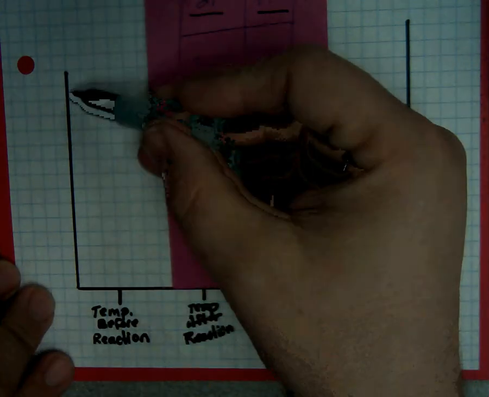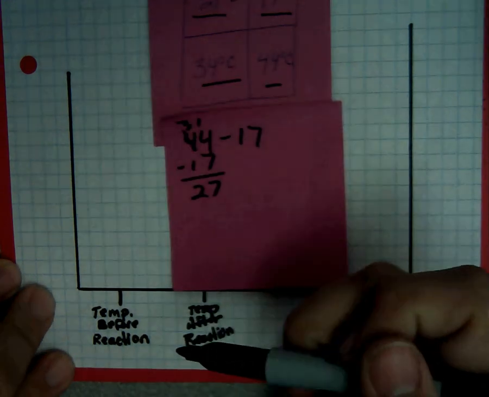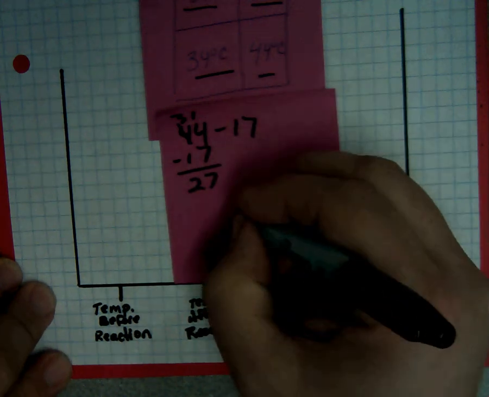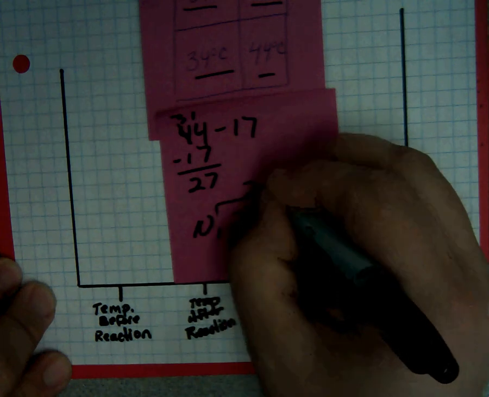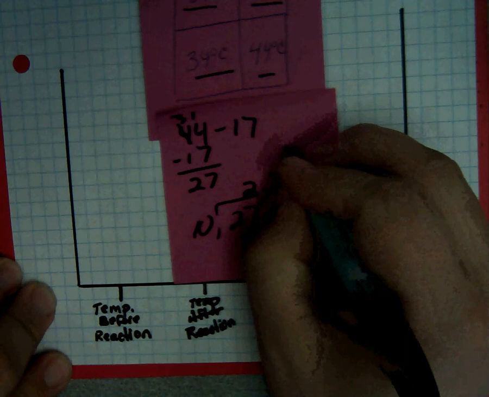The value of 27 needs to go from here all the way up to the top. And my low is 17, so I've got no value below 17. So if I take 27 and divide by 10, the answer is 2.7, which is less than 3, so I'm going to have an interval of 3 on this side.